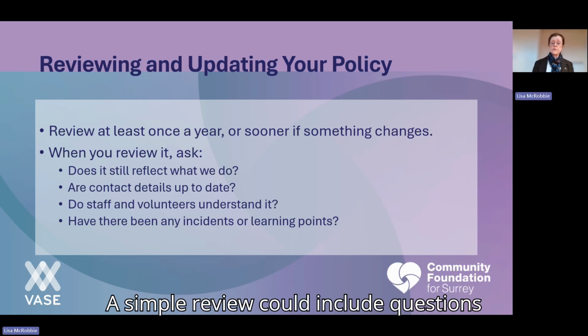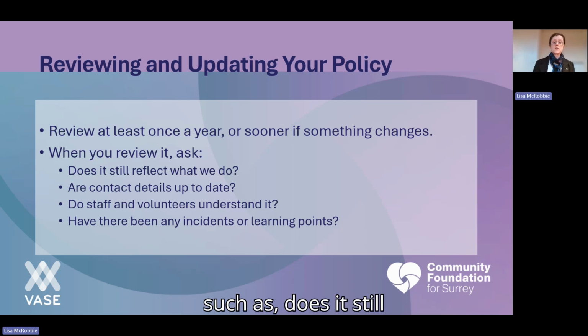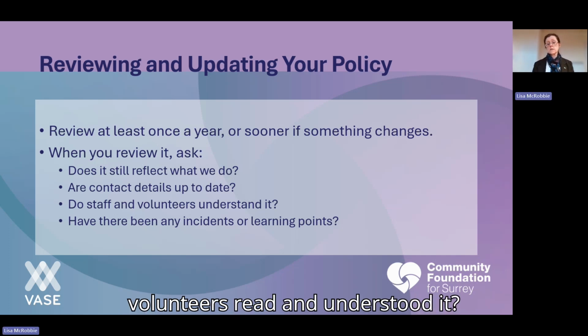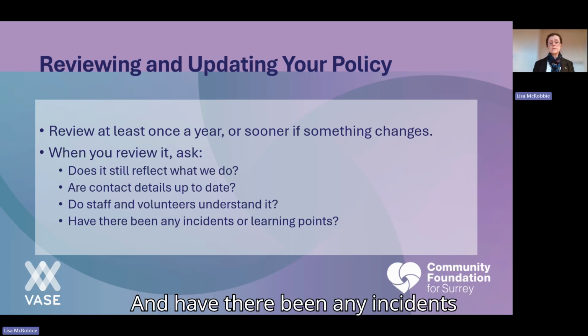A simple review could include questions such as, does it still reflect what we do as an organisation? Are all the contact details still up to date? Is the DSL still the same person? Have volunteers read and understood it? And have there been any incidents or learning points?